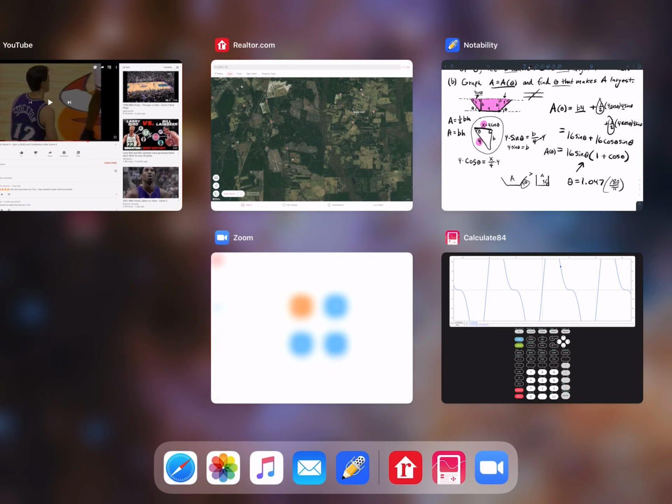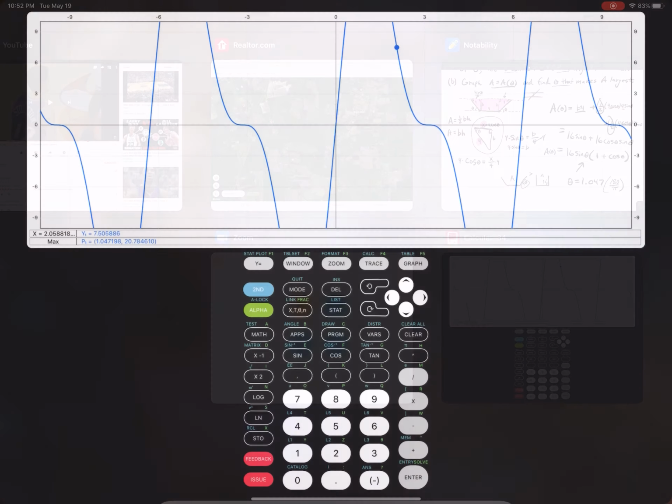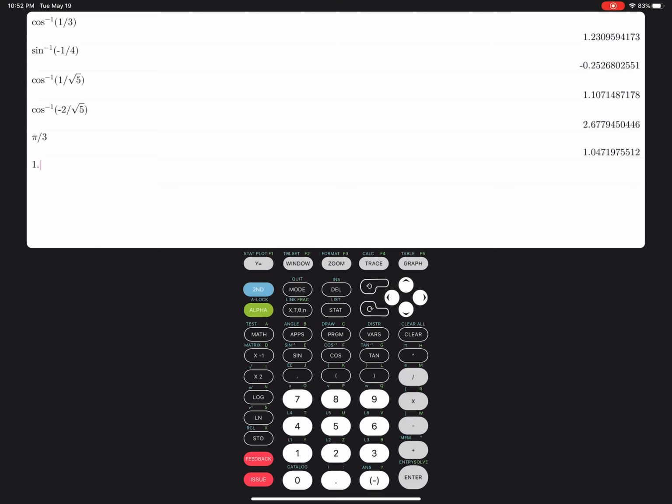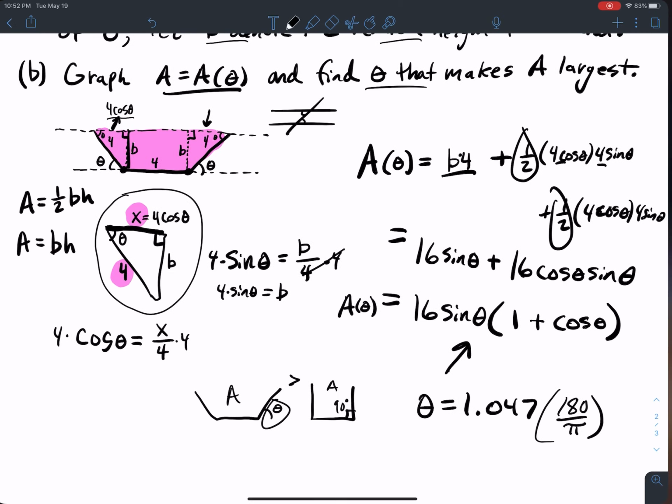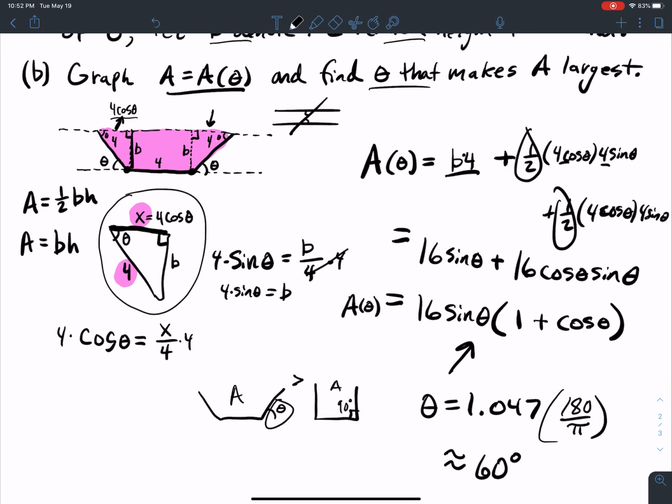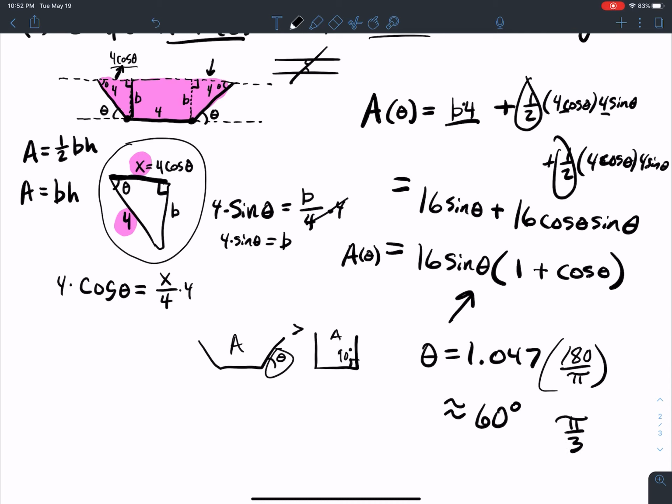So 1.047 times 180 divided by pi. That's really, really close to 60 degrees. Guess what? 60 degrees is pi over 3. And I bet you if you typed in pi over 3 in your calculator, you would get this radian. Either way is fine, whatever it asks you for in your problem.